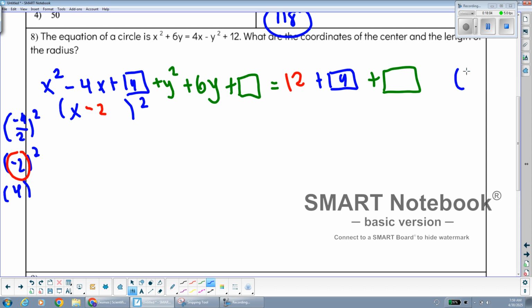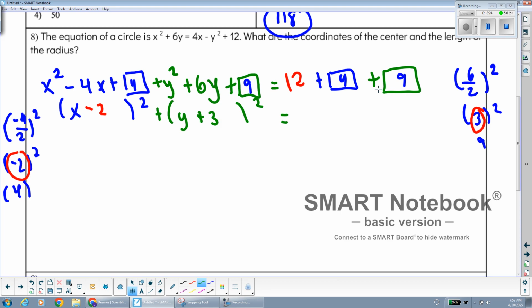I'm just going to do it over here. 6 over 2 squared. 3 squared, it's 9. And I can just really quickly factor this as well. It's going to factor to the b over 2 before you squared it, which is plus 3. Let's really quickly just clean up the side. 12 plus 13, 25. So the center of the circle would be 2, negative 3.